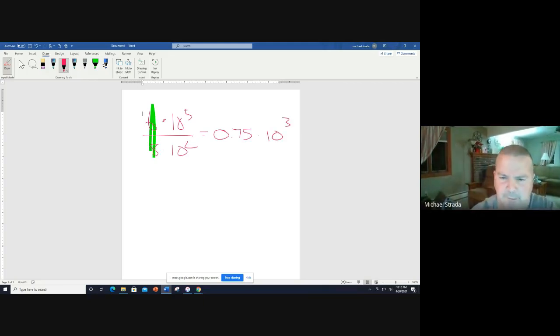Now, our problem is that's too small. Our number has to be at least 1, but it can't be 10. So it's got to be greater than or equal to 1, but less than 10. So basically I have to make that bigger. If you make this bigger, to compensate, you have to make the exponent smaller.